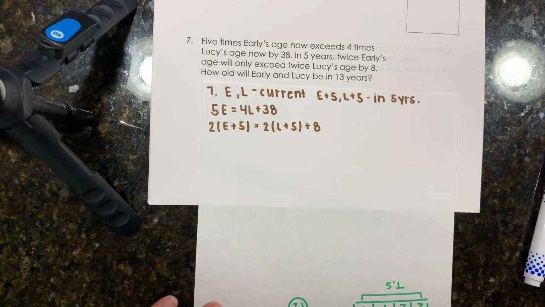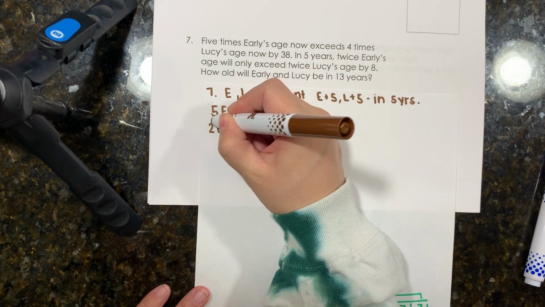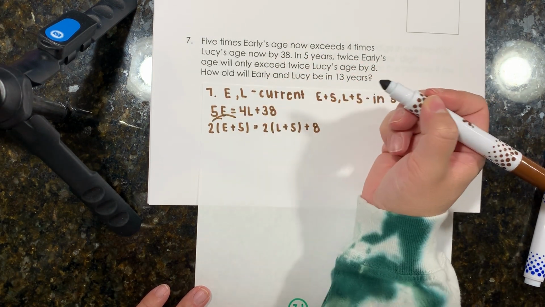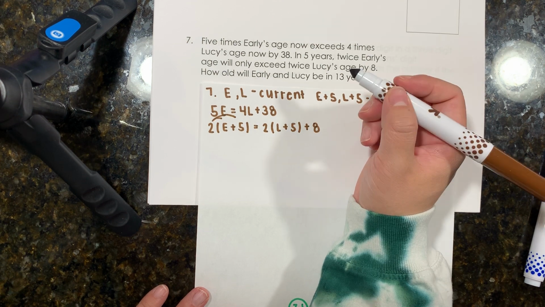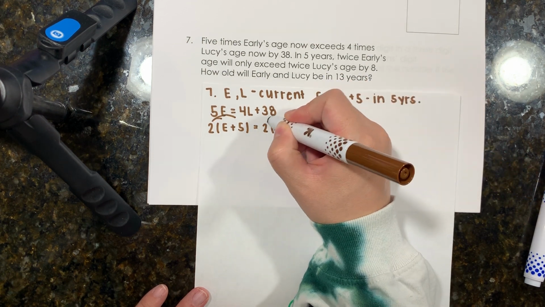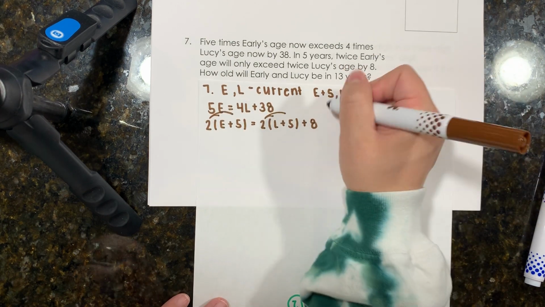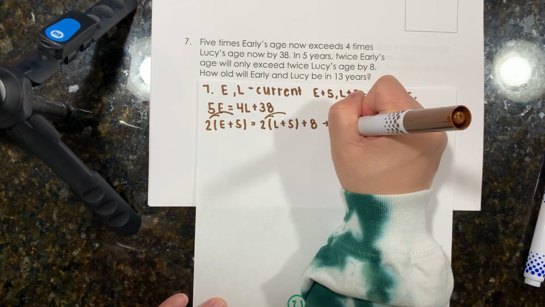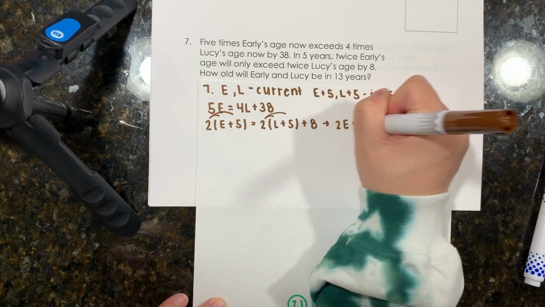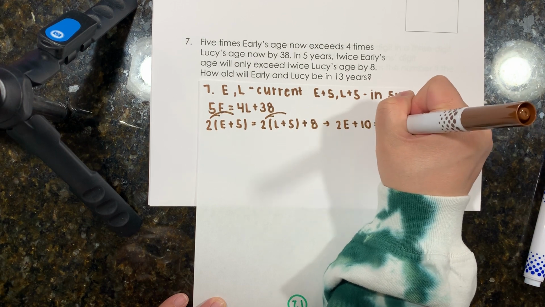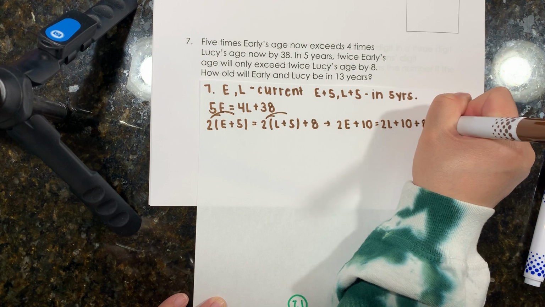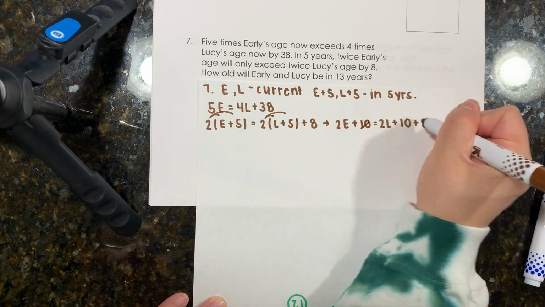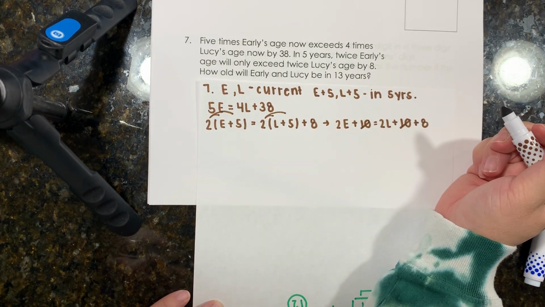So now I'm going to distribute. That's going to give us 2E plus 10 equals 2L plus 10 plus 8. But notice that the 10s are going to cancel on both sides.